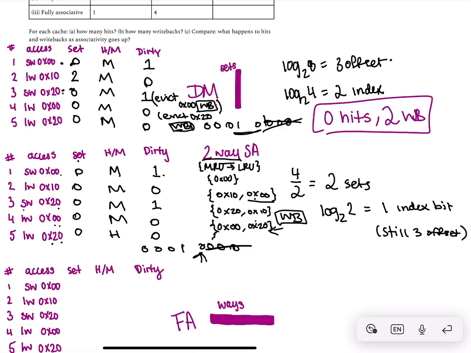Now, since we just loaded that in, we're just going to switch these 2 up because this is now our most recently used. So it's nice and helpful to keep track of a little array like this. And so right now, our final answer is that we had 1 hit and 1 write back for 2 ways associative.